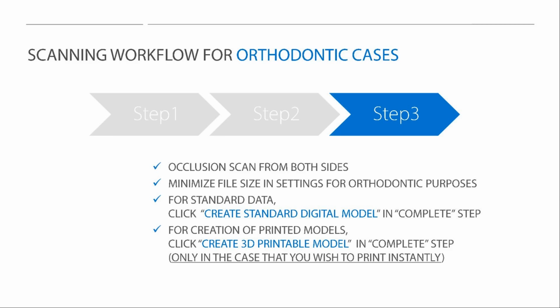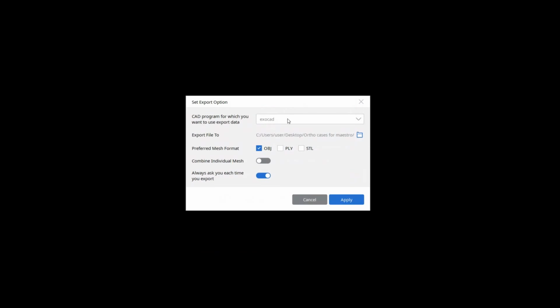Also keep in mind that in our system we have the option to export, as I will show you right now. Just a second to share my screen again. So again, I'm going to jump on Medit. As you can see now, if I go to settings, in the set export option, I have multiple options for CAD software that you can export with the same coordinates.